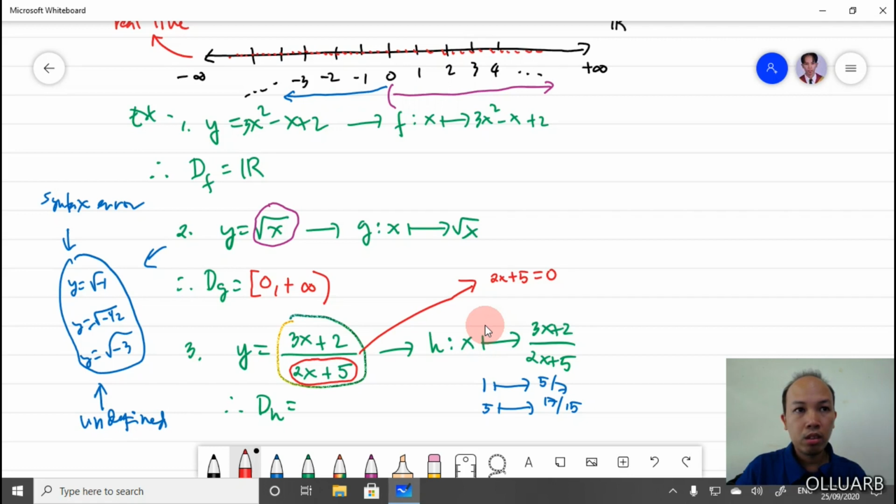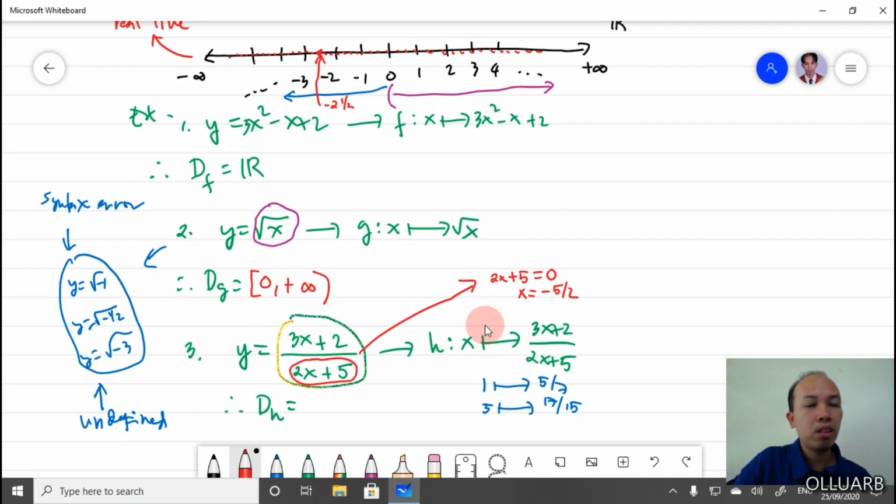So if you solve this, you get x equal to negative 5 over 2. So this number here is somewhere in this interval. Negative 5 over 2 is negative 2 and 1/2, between negative 3 and negative 2.